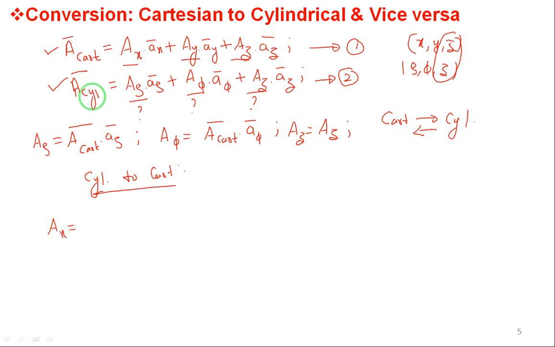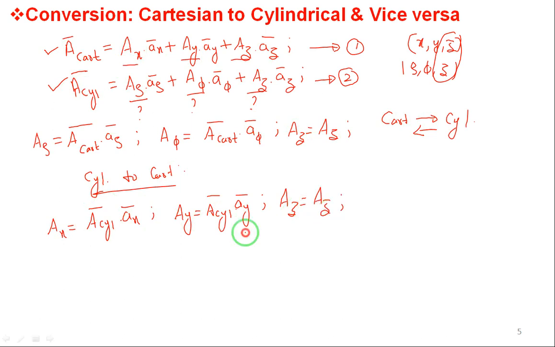The same way. Take the projection of the cylindrical vector in the ax direction, A cylindrical dot ax, so this will give me Ax. Similarly for Ay, take the projection of the cylindrical vector along the ay direction. Then Az is the same in both cases, no need to calculate. Az is Az only. So the general forms for Cartesian to cylindrical and cylindrical to Cartesian we have seen.